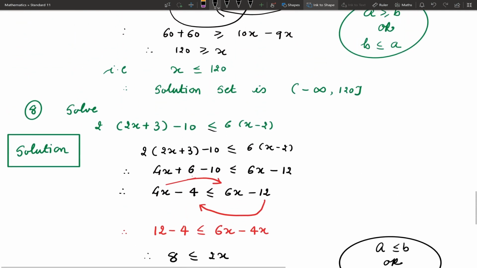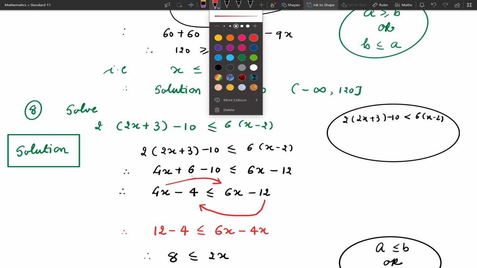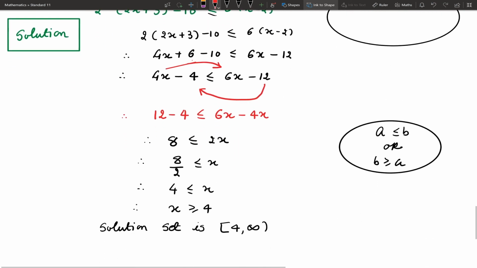And in the case that we use this inequality, 2 into 2x plus 3 minus 10, if you use strict inequality, 6 into x minus 2, then the solution will be open interval 4 to plus infinity.